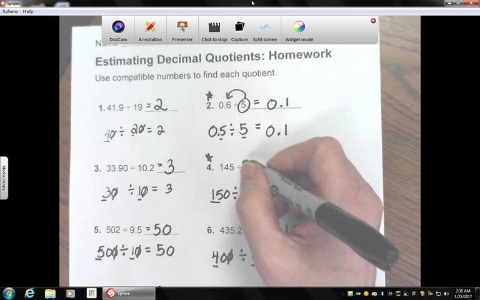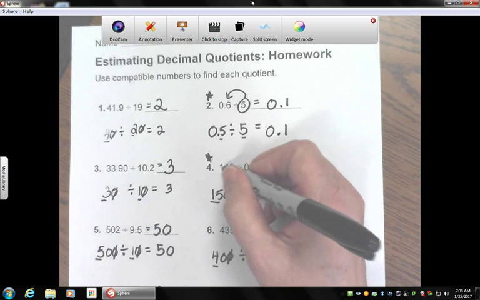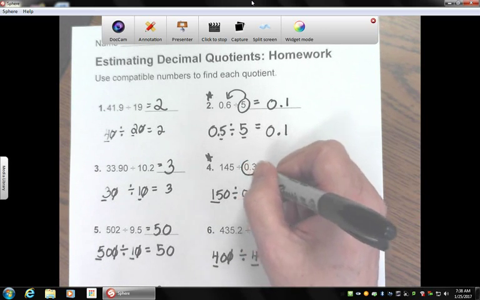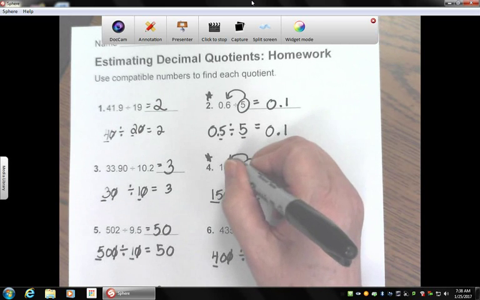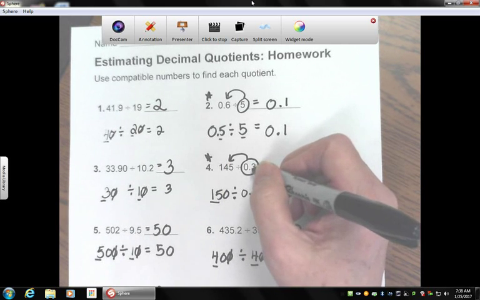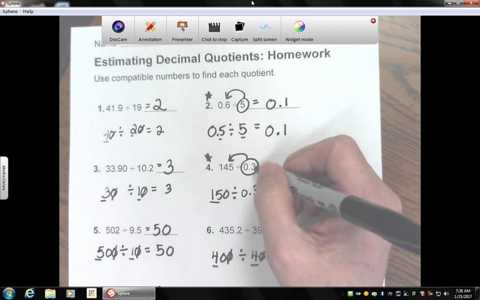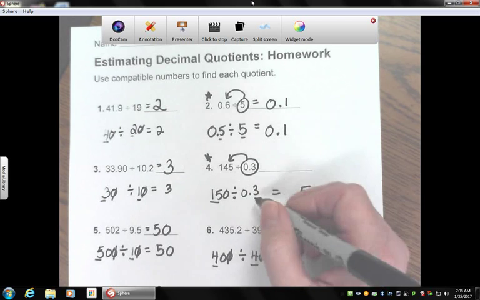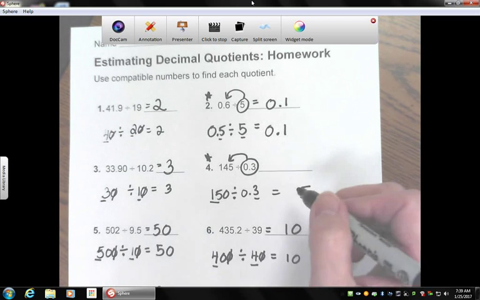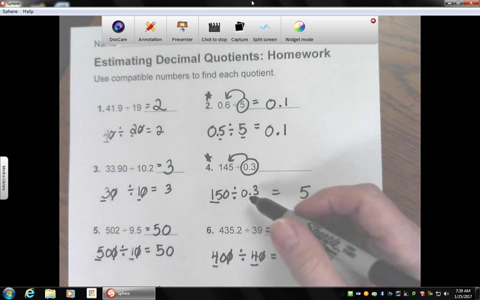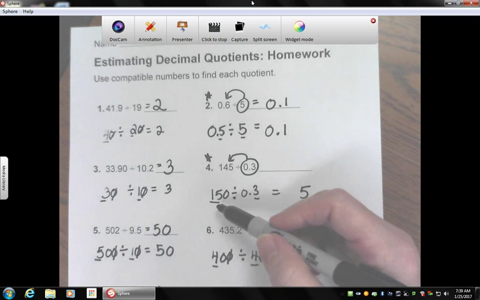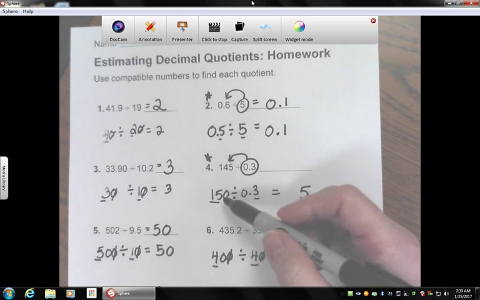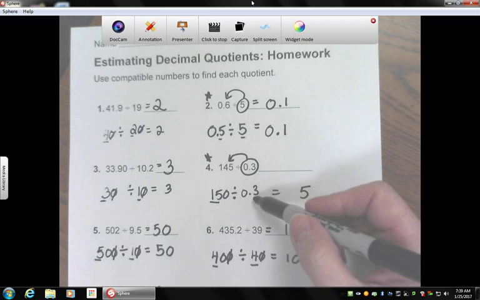I'm looking at 145 and I'm dividing it up into groups of 3/10. So I want to know how many groups of 3/10 I can make out of 145. Here, how many groups of 3/10 can I make out of 150? So let's think about it this way. Let's think about $150, and I'm dividing it into groups with 30 cents in each group.